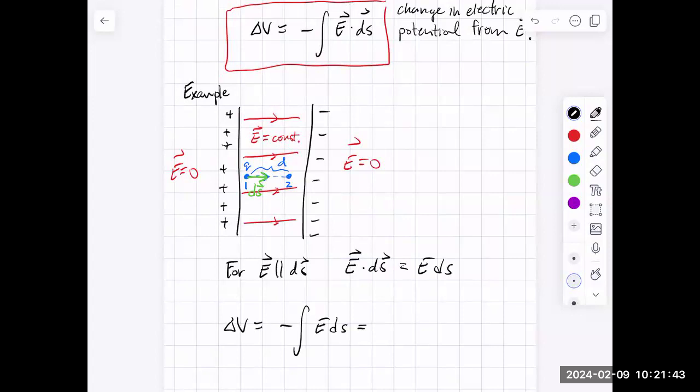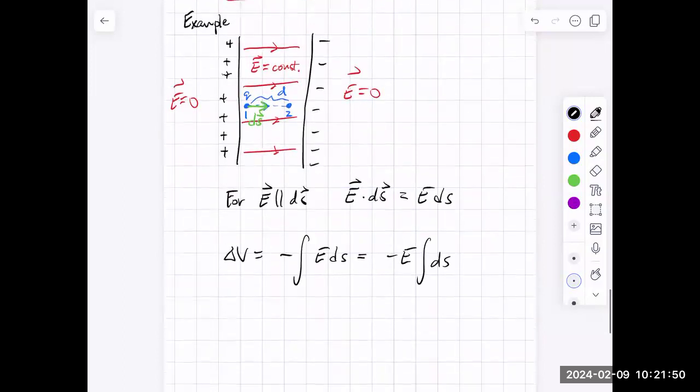The electric field is constant, so we take it outside. Since E is constant, we can factor it out of the integral. So then what's the integral of ds? It's just adding up all the little displacements to go from 1 to 2. What would that give?